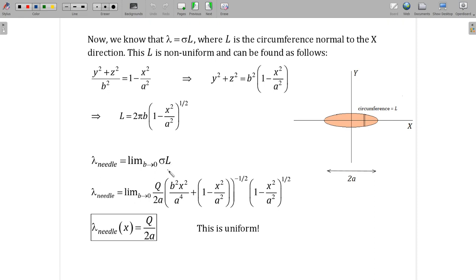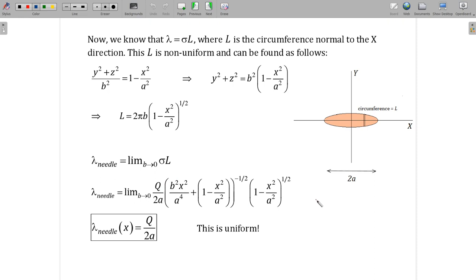If I leave it like this and I don't put b going to 0, this is going to be my answer, right? Suppose I don't put the limit b goes to 0, and I say this is the charge per unit length. Charge per unit length is q by 2a times this whole thing. This whole expression is my charge per unit length.